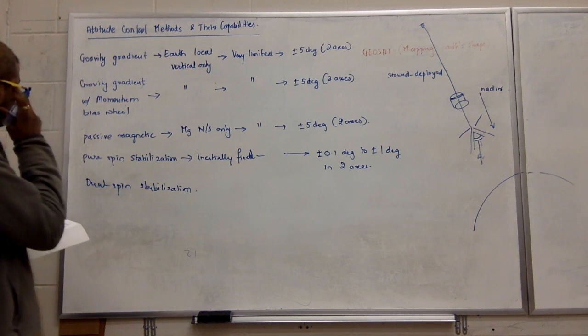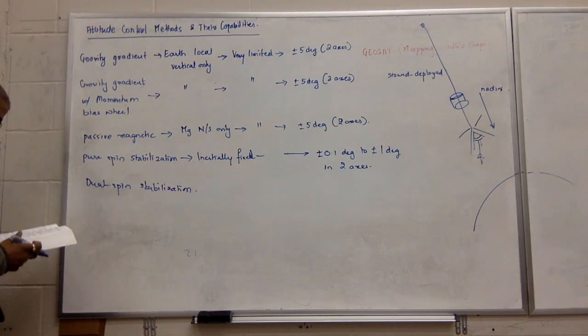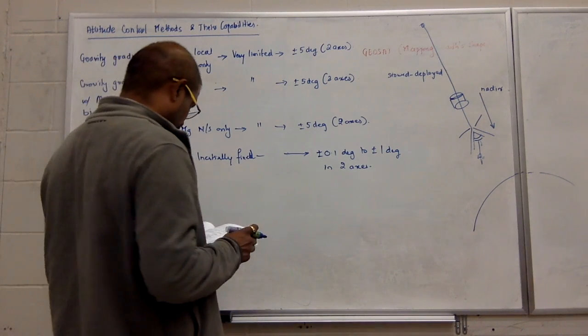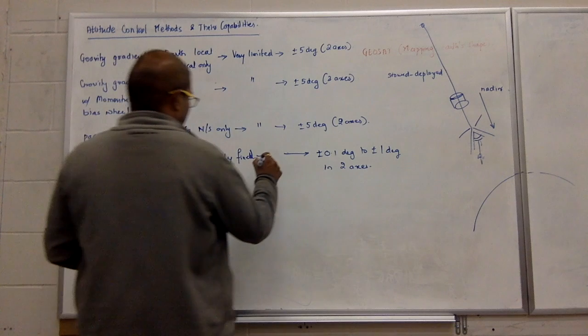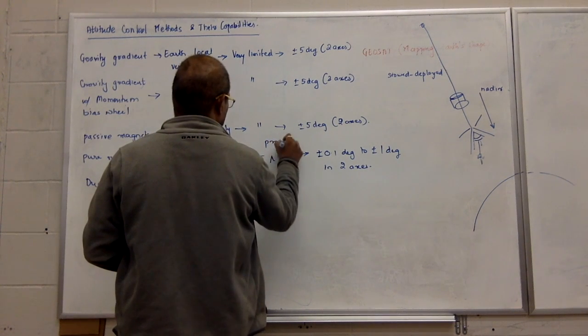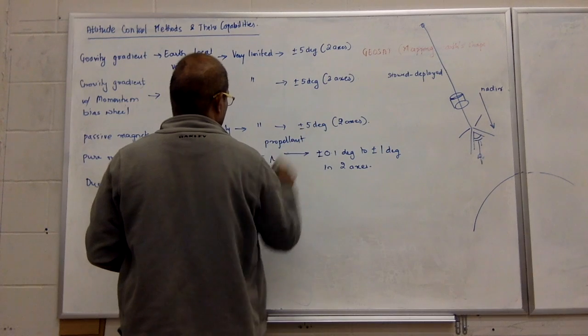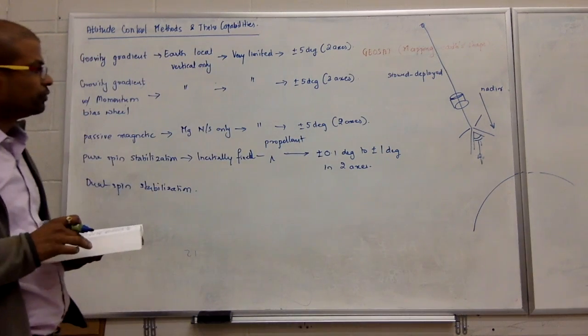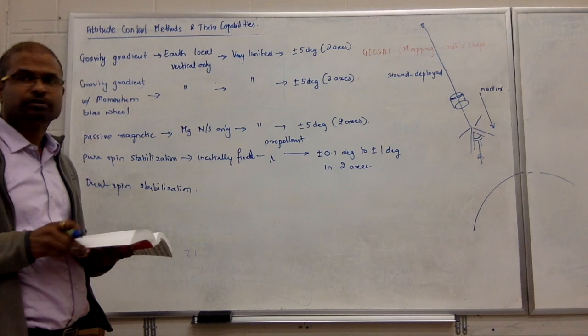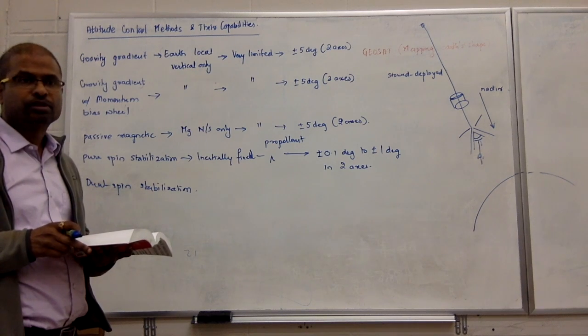So here, what we are talking about is pure spin stabilization. We are not really using a bias wheel or momentum bias wheel. We are using propellant to achieve this.